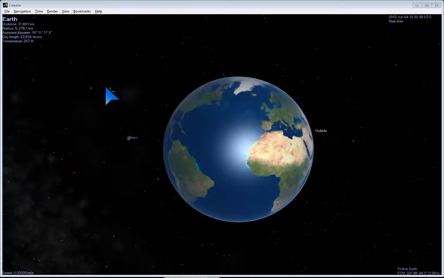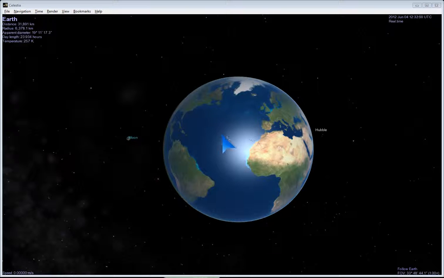Okay, when you start Celestia, it would eventually stop on a spaceship probably about 10,000 kilometers above the Earth. So at the moment we can see that the sun is shining on the Atlantic with Africa and South America, showing a bit of Greenland, England and Europe.